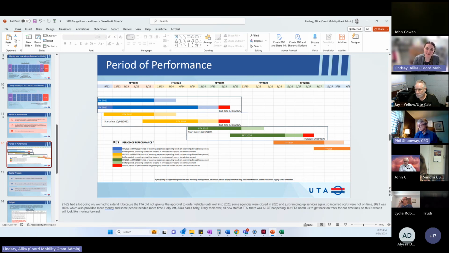I think this application year, I just knew it was going to be tricky because we're trying to get back on track, especially with the FTA. Because of the amended year, we had 6 grants in that year, plus 6 grants in 21, 22, and then some other old ones that still weren't closed.